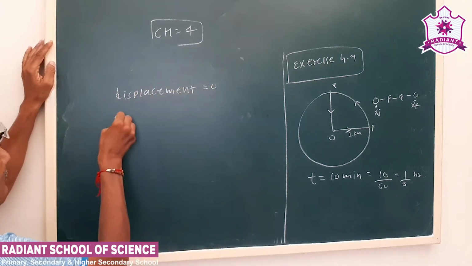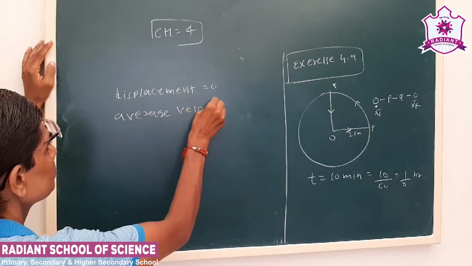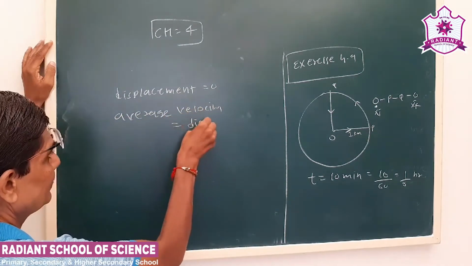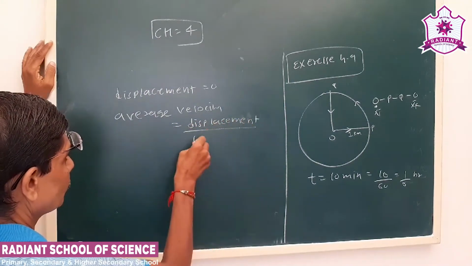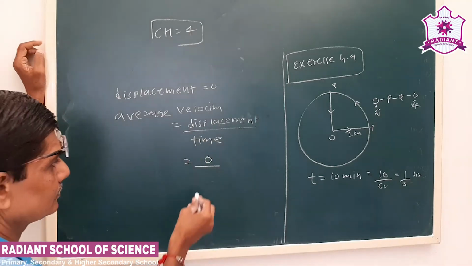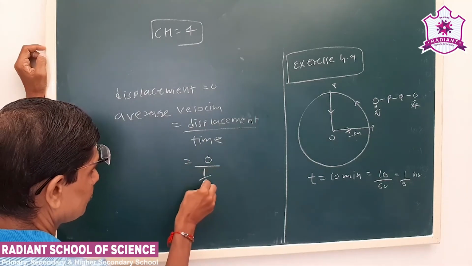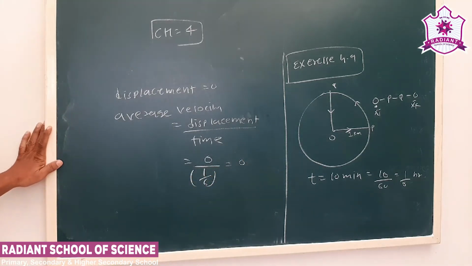Okay, so average velocity is displacement upon time. Okay, now average velocity is 0.